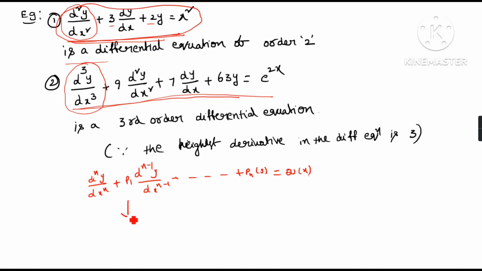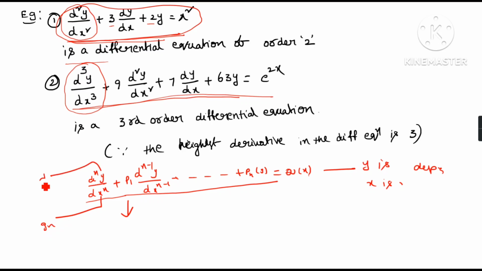In this differential equation, what is the dependent variable and what is the independent variable? Here y is the dependent variable and x is the independent variable. So the solution means what are we going to find?